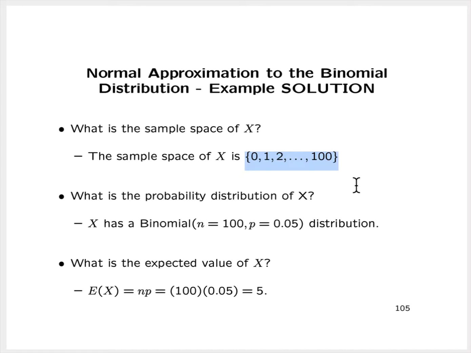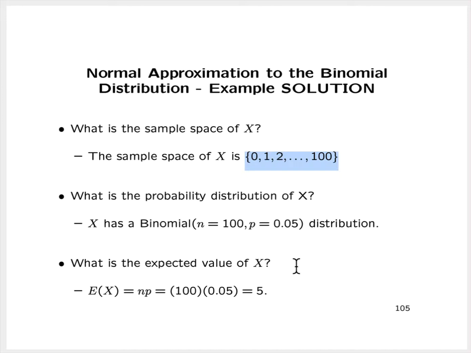So we can conclude, without having to derive anything, just based on the nature of the experiment and how X is defined, that X has a binomial distribution with n equal to 100 and success probability 0.05.